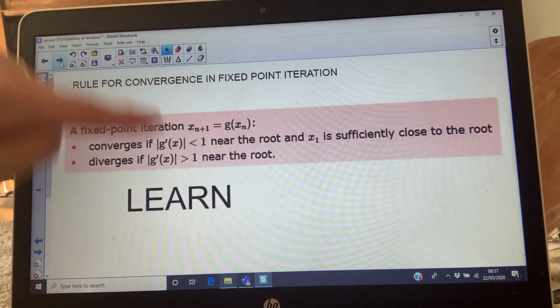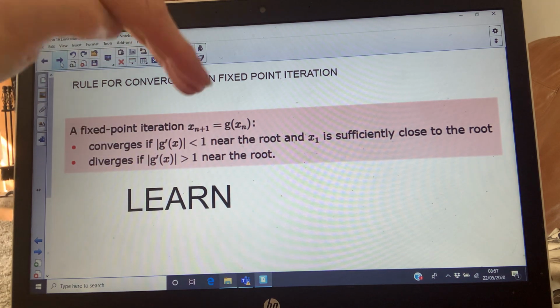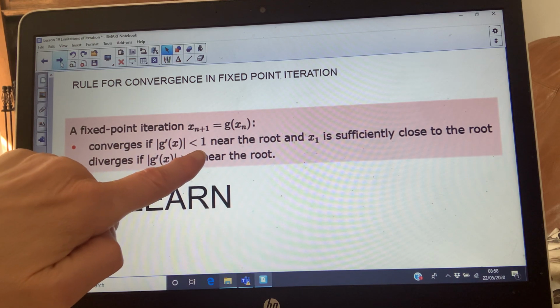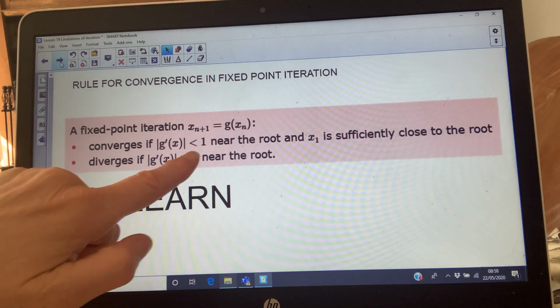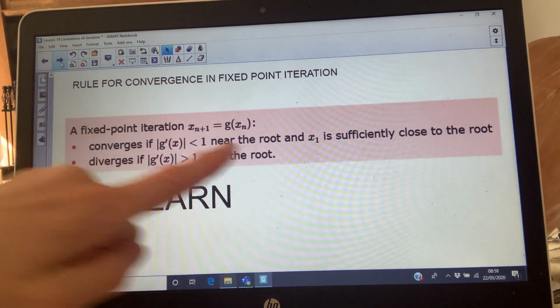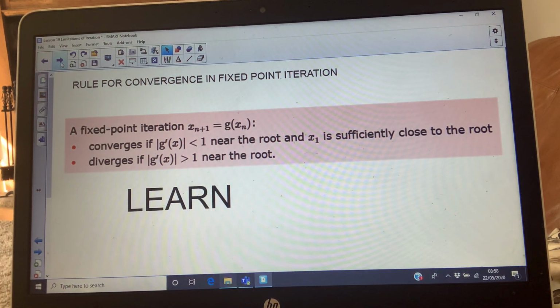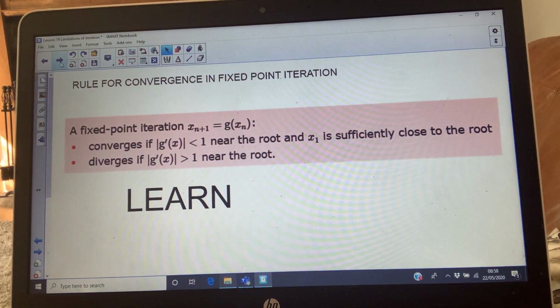So around the root, it doesn't have to be specifically the root, but around the root, you need a small positive gradient or a small negative gradient. Of course, small is a subjective term. That's why we have less than 1. And also, you need your starting value sufficiently close to the root. Again, sufficiently close, that's worthy of discussion.